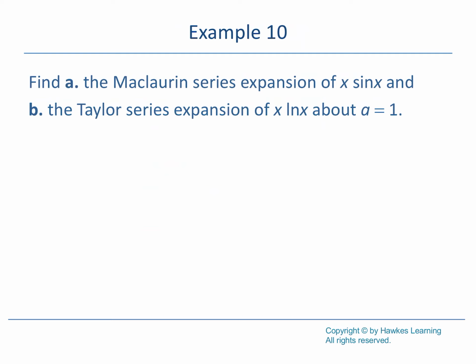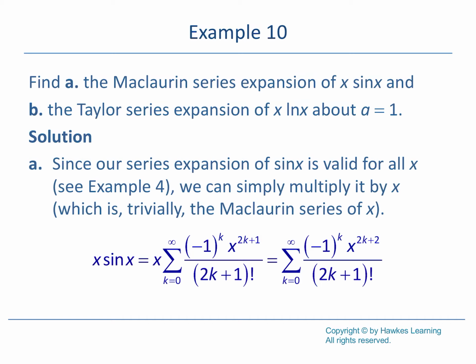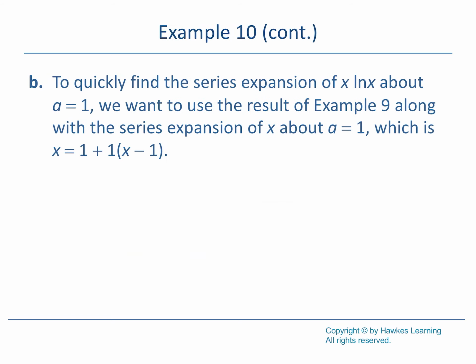Oh my goodness. Okay. And for example number 10, if we wanted to find these series where you just multiply by x, literally you can just multiply by x the series that we've seen so far. So for sine of x, literally if you multiply by x here, you get a new series.